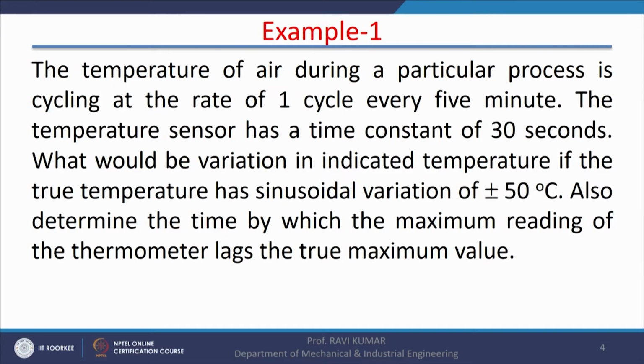The first example: the temperature of air during a particular process is cycling at the rate of 1 cycle every 5 minutes.